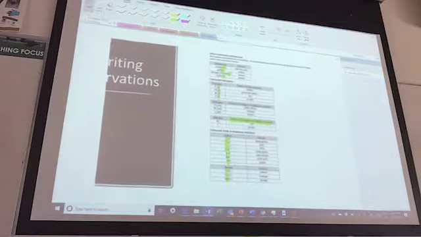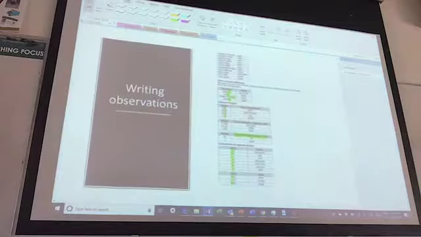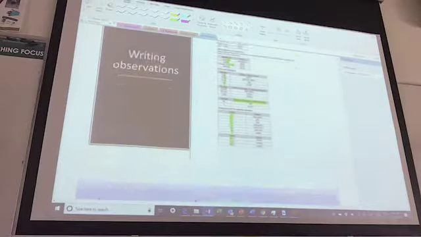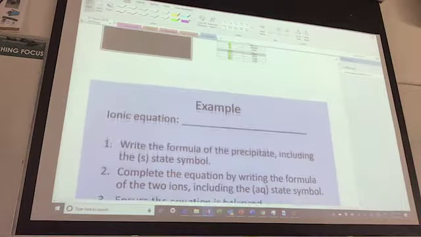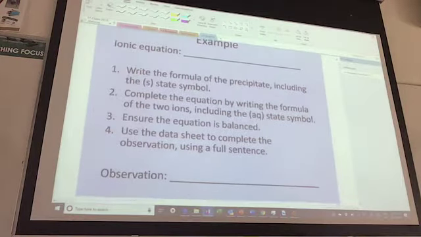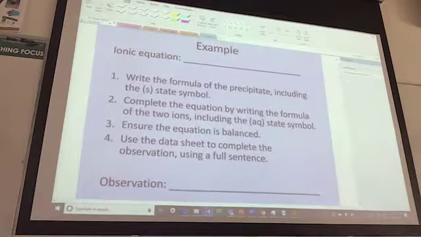And that is important because we're going to talk about ionic equations, in which we write only the ions that participate in the reaction. So this is the process that we're going to go through. We write our ionic equation.